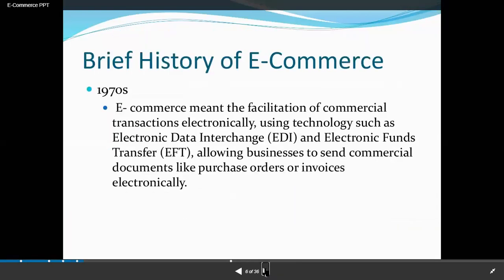Then there is a brief history of e-commerce. In the late 1970s, e-commerce meant the facilitation of commercial transactions electronically. Anything you were exchanging was electronic. So this is not a new term of 2020; we can talk about e-commerce starting from the 1970s.